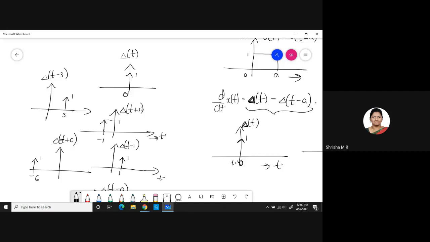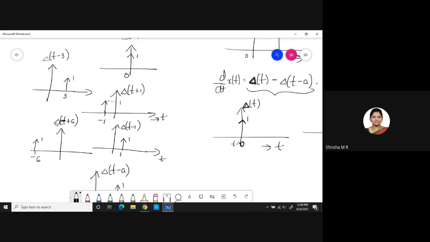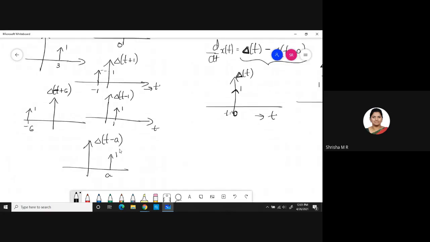If k is positive, it is left shifting and the signal is occurring 1 second earlier. Similarly, for delta t plus 6, k is positive, it is left shifting and the signal is occurring 6 seconds earlier. Suppose you have delta t minus a, k is negative and it is right shifting and the signal is occurring a seconds late. Understood, everyone?